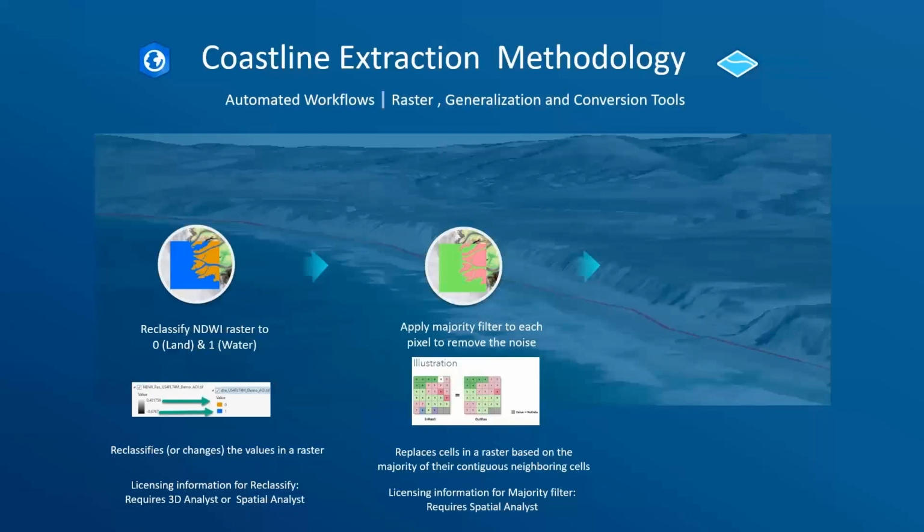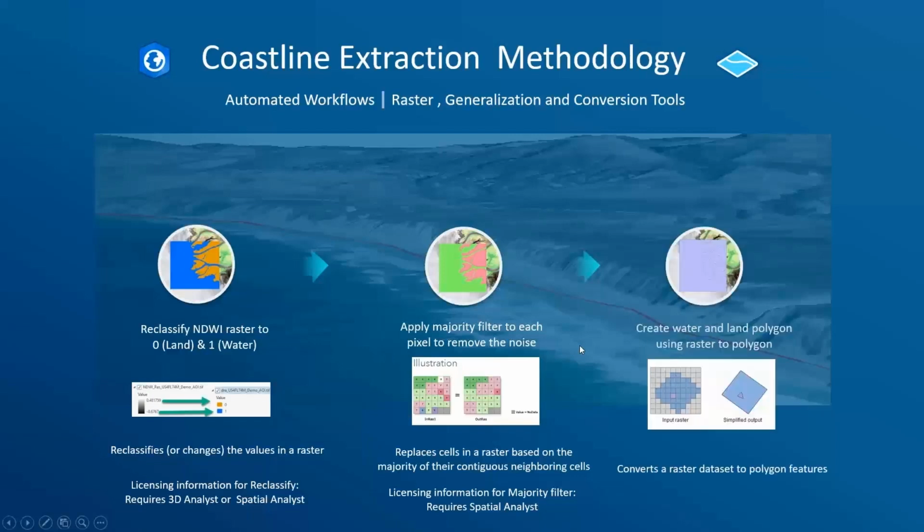And to use this majority filter tool, the spatial analyst extension is required. After applying the majority filter, convert water and land to polygons using the raster to polygon tool. As displayed here, this converts a raster dataset to polygon features.